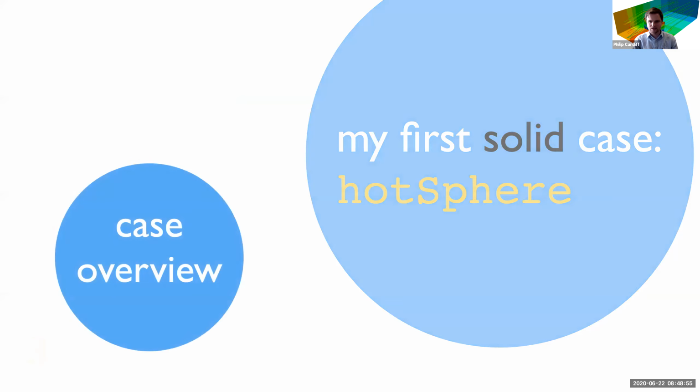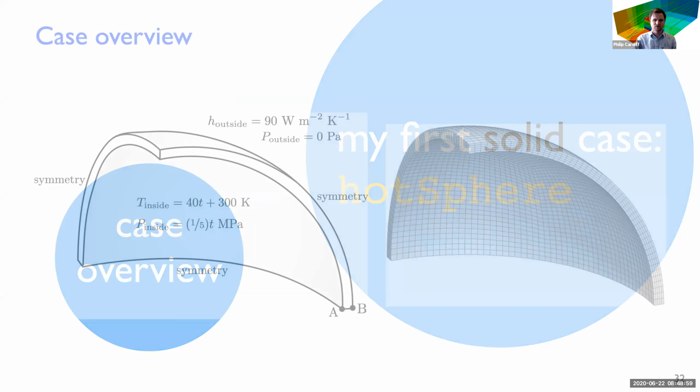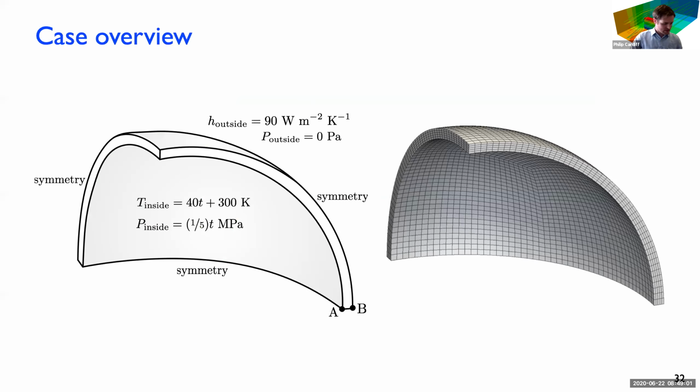Okay, now to get to the first test case using solids4Foam. The first test case I'm going to look at is this hot sphere test case. It's basically a pressure vessel, a sphere with a certain thickness wall. On the inside, I'm going to apply a pressure that's a function of time: the time in seconds divided by 5, in megapascals.